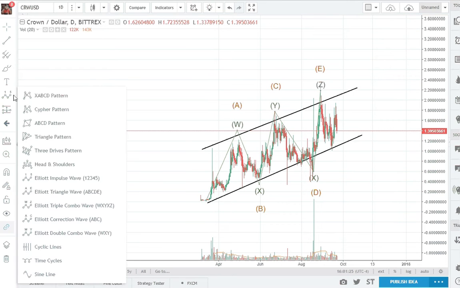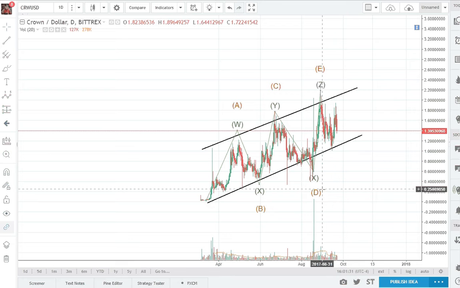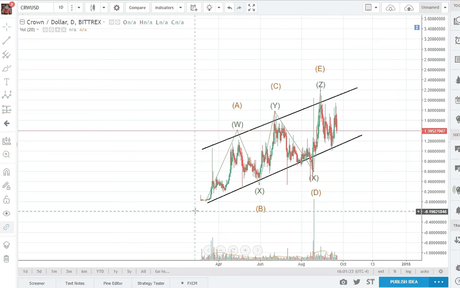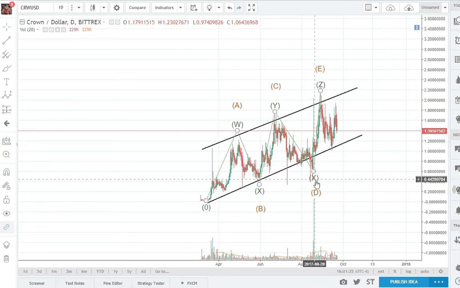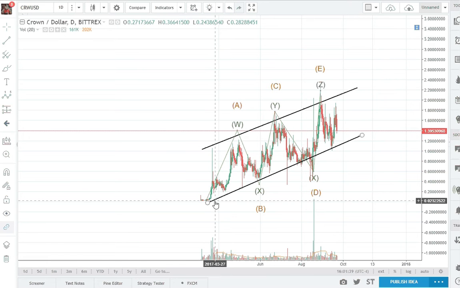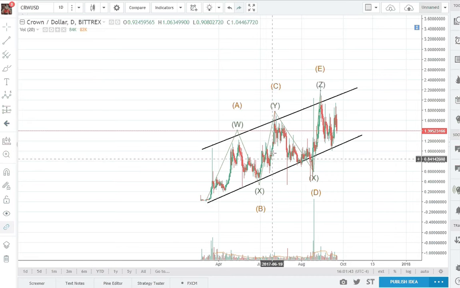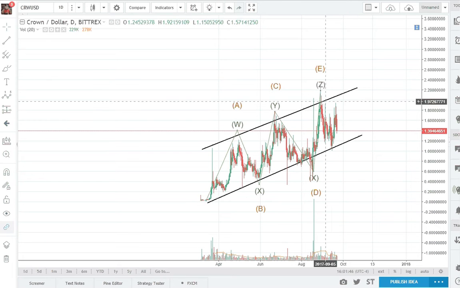And I can label it as A, B, C, D, E, or a triple top combo, W, X, Y, X, Z. And these are all three-wave-ish. 1, 2, 3, 1, 2, 3, 1, 2, 3, 1, 2, 1, 2, 3.